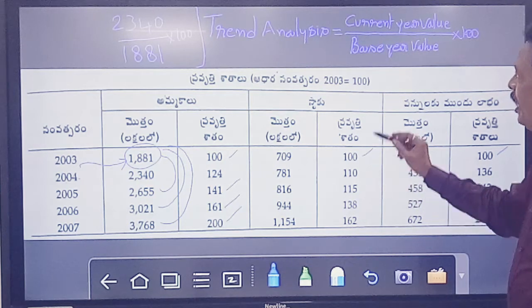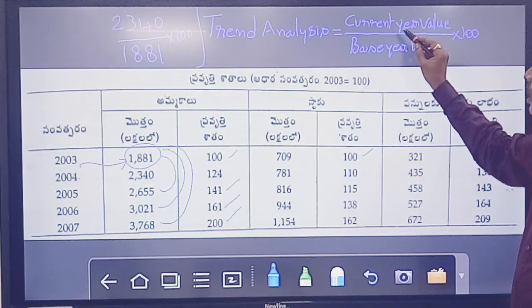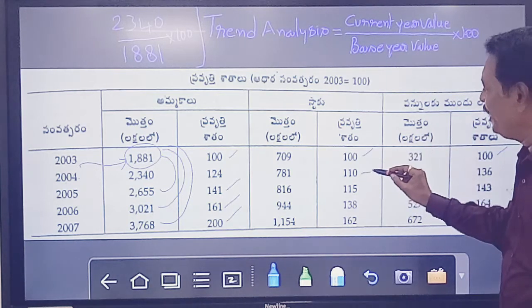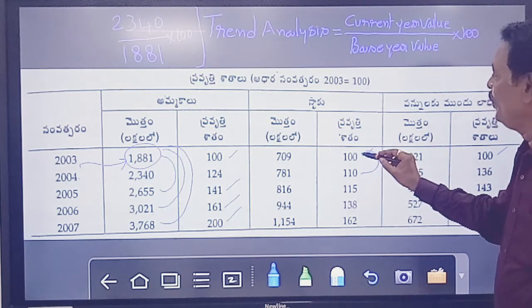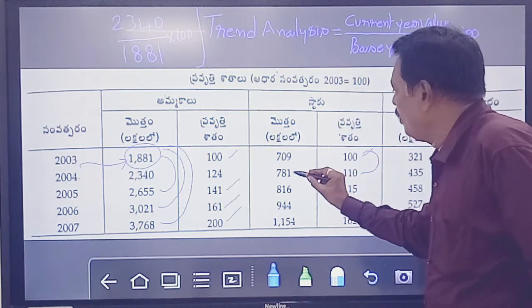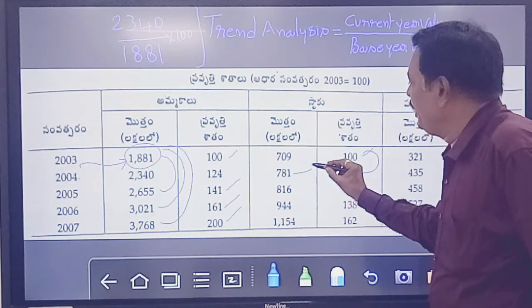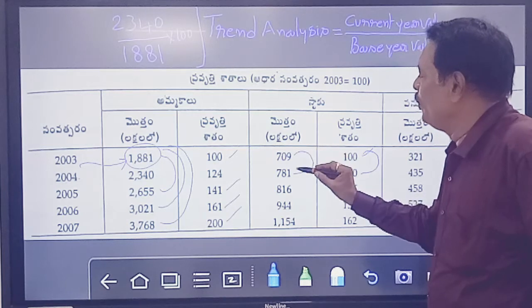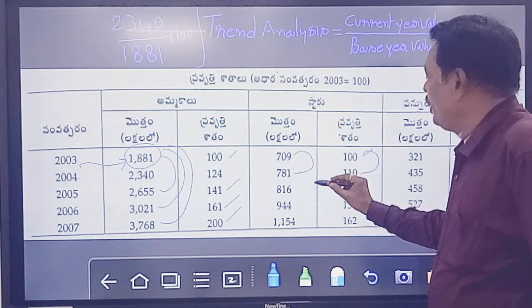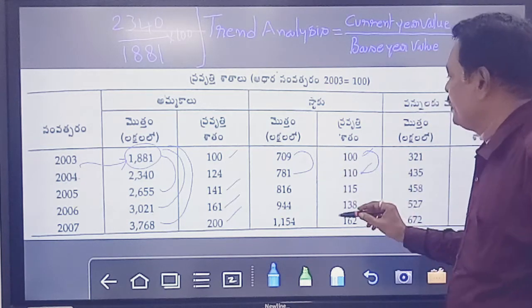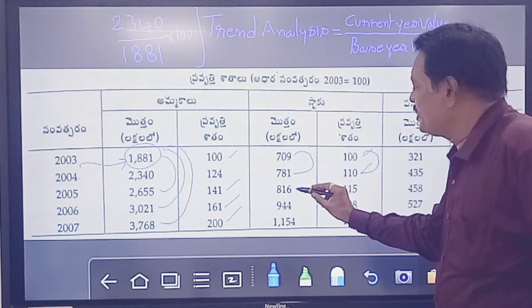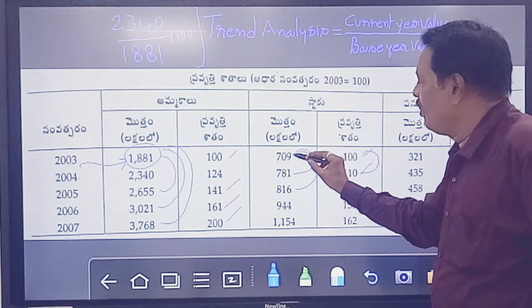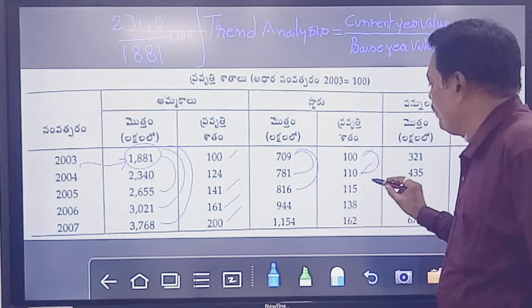That means, as per the formula, current year value 110 divided by base year value, 781, current year value, divided by base year value 709, into 100, we will get 110%. Like this, 816 divided by 709 into 100, we will get 115%.